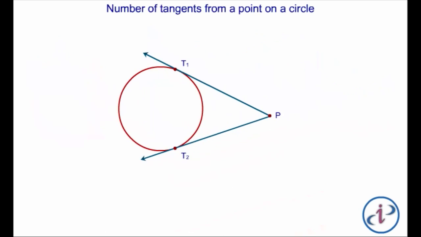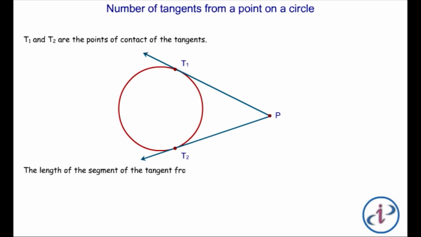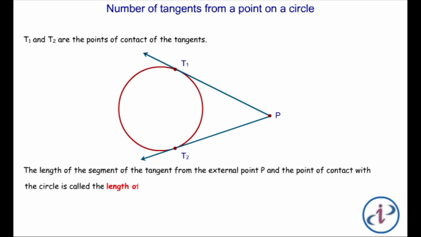In the third case, T1 and T2 are the points of contact of the tangents PT1 and PT2 respectively. The length of the segment of the tangent from the external point P to the point of contact with the circle is called the length of the tangent from the point P to the circle.